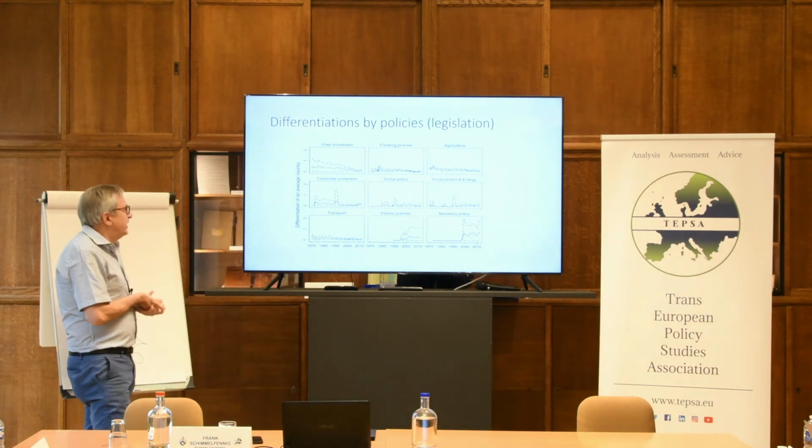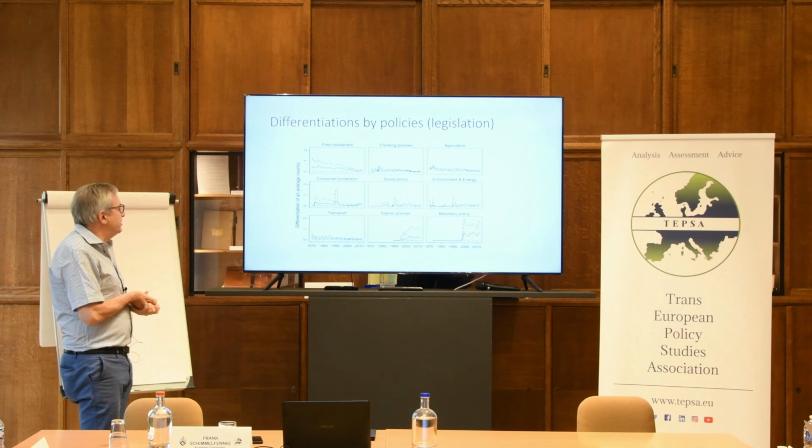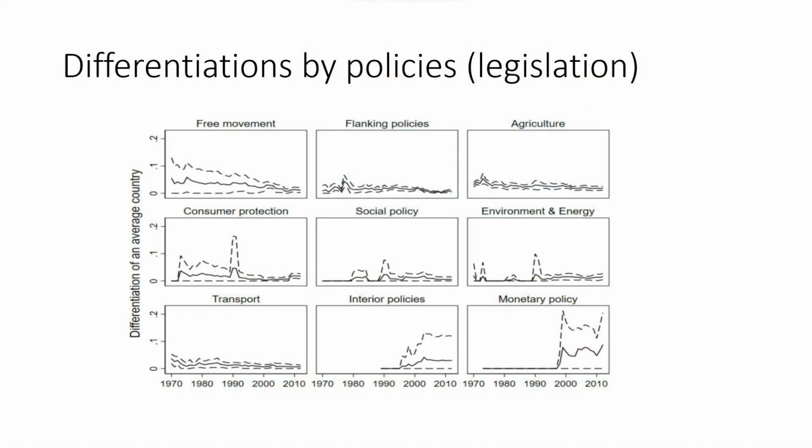And this is again the same picture in legislation. So we see market differentiations related to free movement. That has been an important area, but it has gone down. All the other areas are basically rather low. Again, these interesting peaks having to do with German unification are just a random event for differentiated integration.